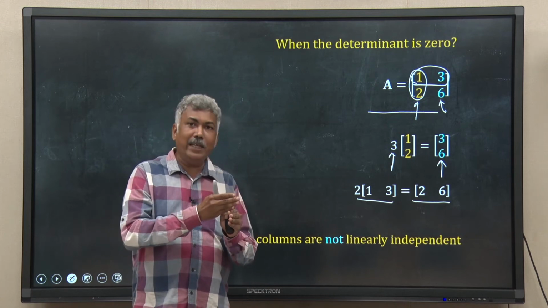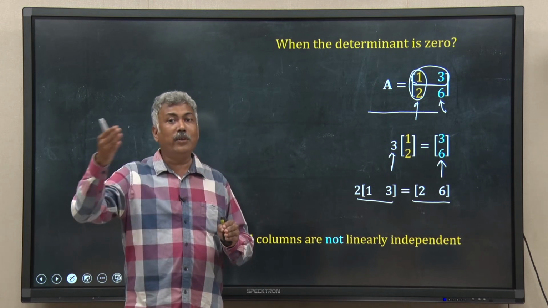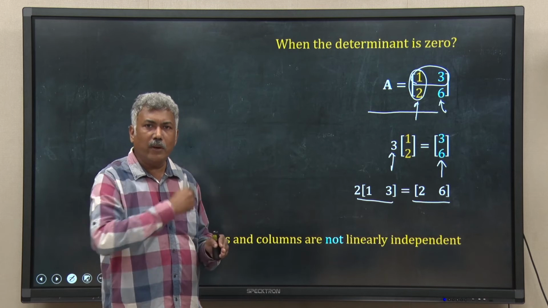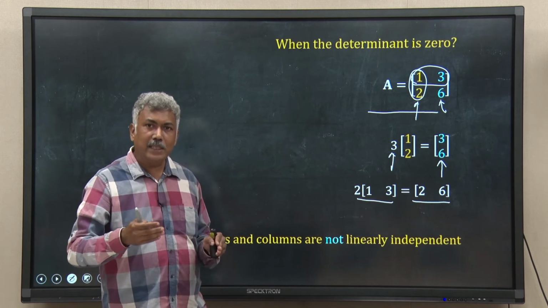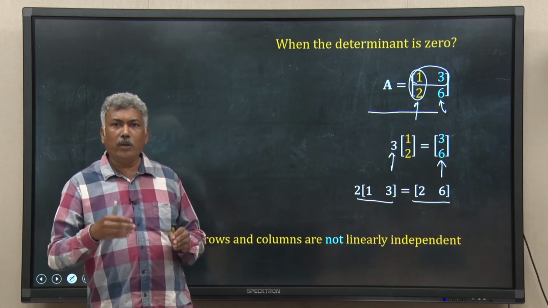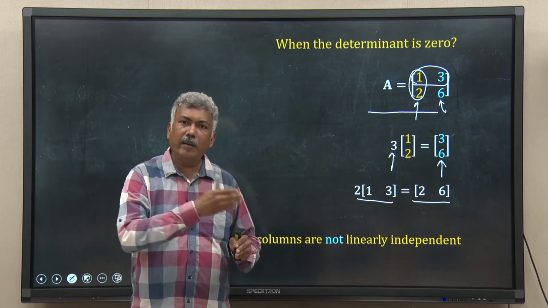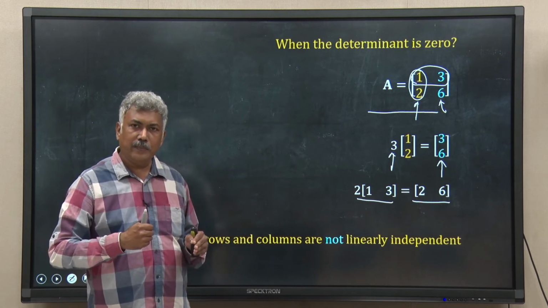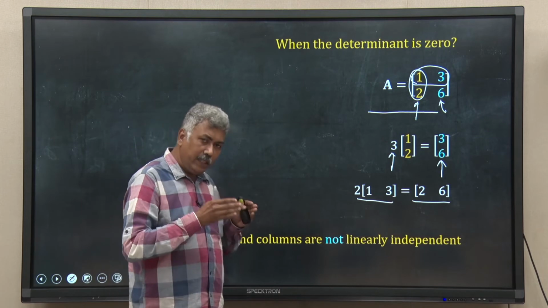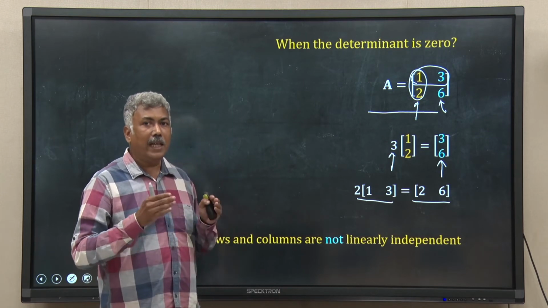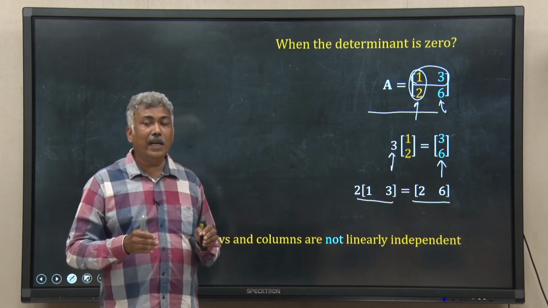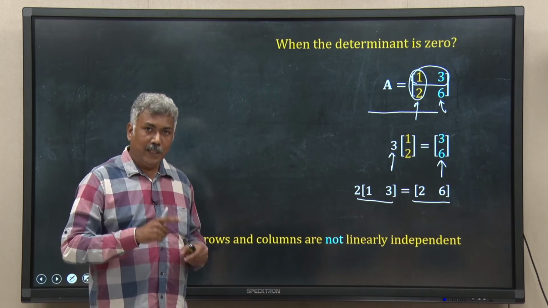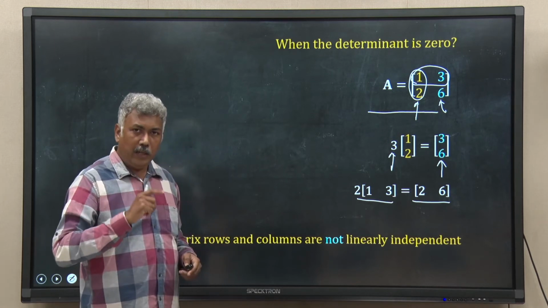You can linearly transform one column into another by simply multiplying with a constant scalar, and similarly you can convert one row into another row by multiplication with a scalar.